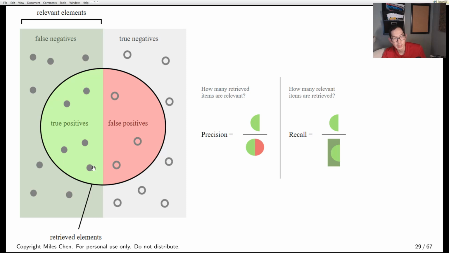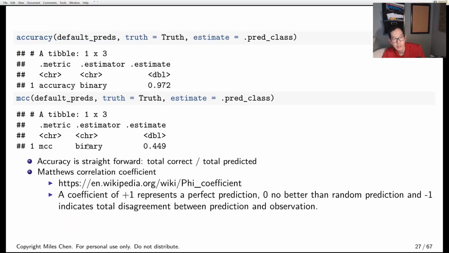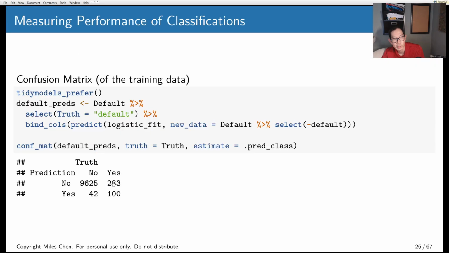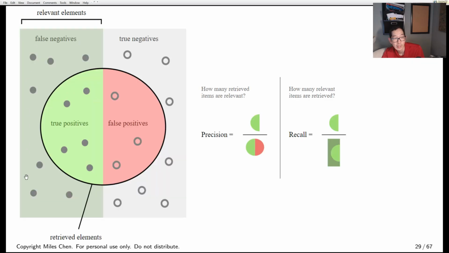So here our recall was like 30% because we had 100 people who were correctly identified as going to default, but we had a whole bunch of false negatives. We had 233 people that actually defaulted, but we predicted no.